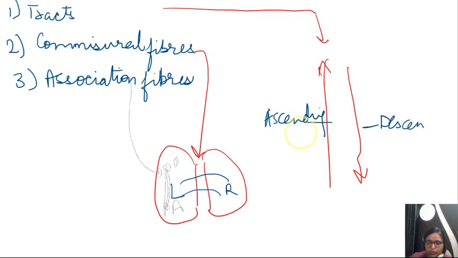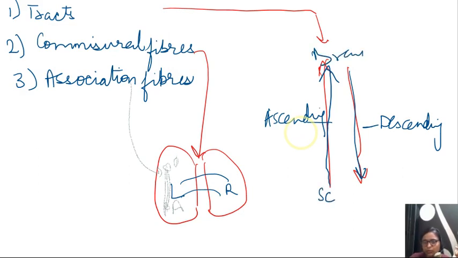So you know that the thing which is going up is called ascending, and which is coming down is called descending. Likewise, the tracts which are running from your spinal cord to your brain are called your ascending tracts.